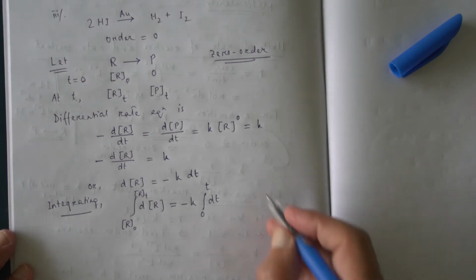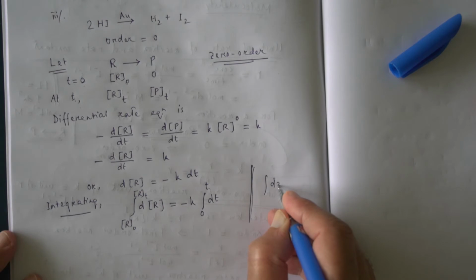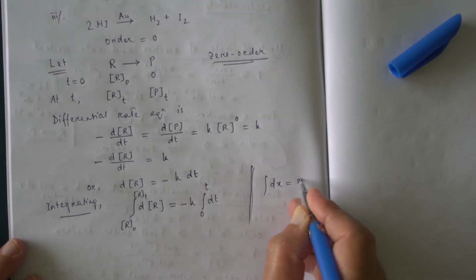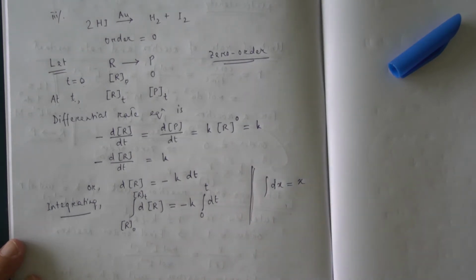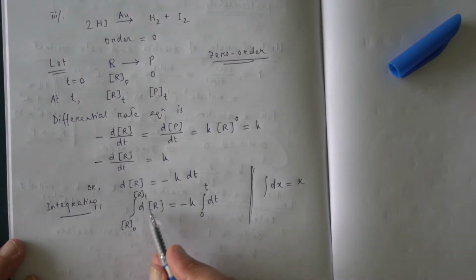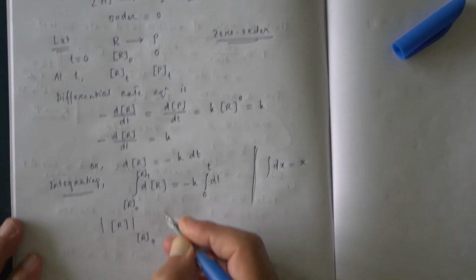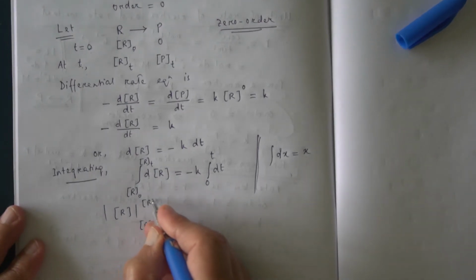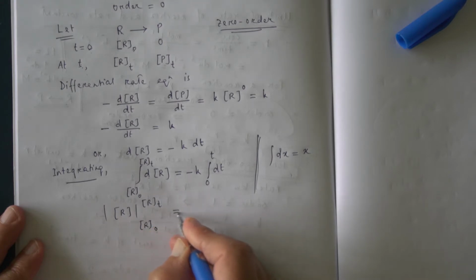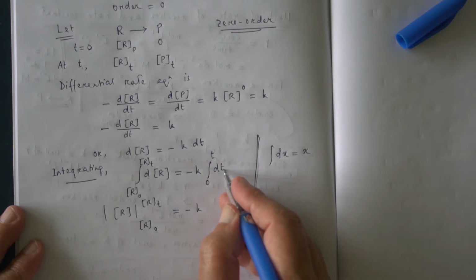Now you know integration dx equals x. So integration dR will be equal to R, with limits R naught to Rt, equal to minus k, and integration dt will be t with limits 0 to t.